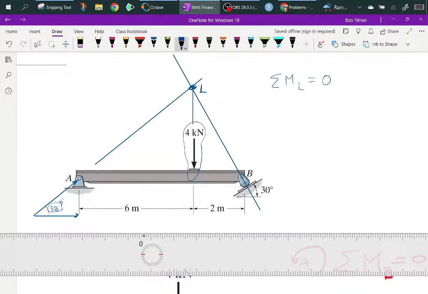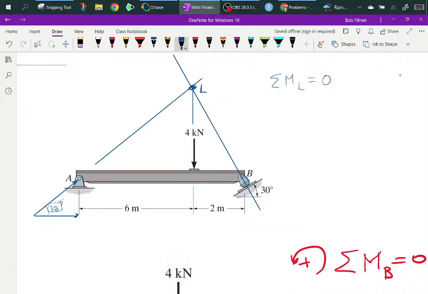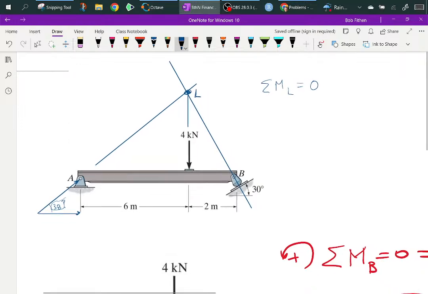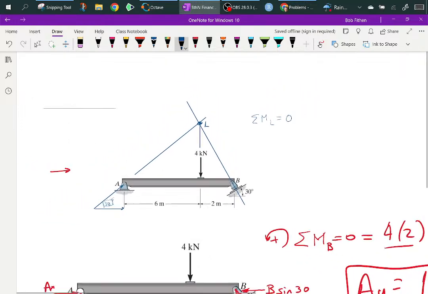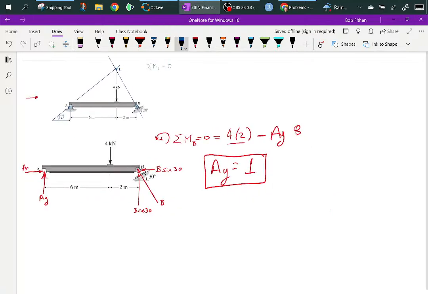This is not going to produce a moment about L. This is not going to produce a moment about L. So this means that A can't produce a moment about L. So this is a 3/4 member. So we've got something like that, okay? If it were to scale, we can use this as a check back, and that's what I'm going to try to do here in a minute.